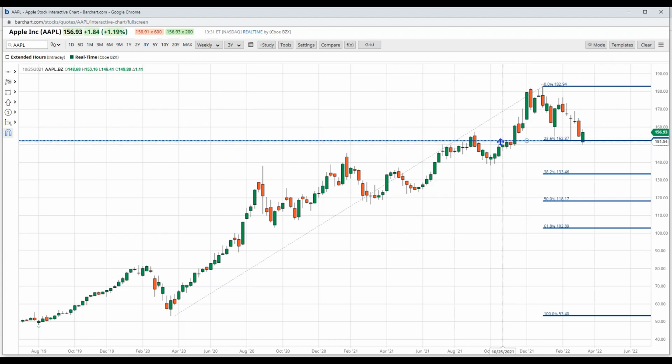Not only did it break out of these little highs or resistance here, but this green candle also broke out of our all-time high at that time for Apple. So do you think this is a significant level for us to retest? I do, and the market has retested and is now responding to it.